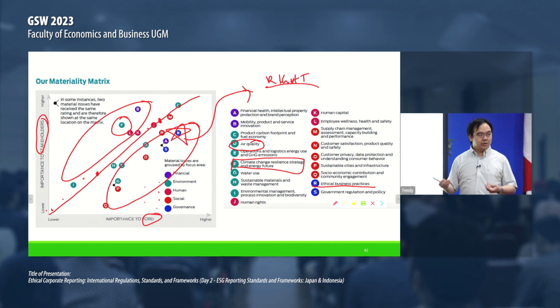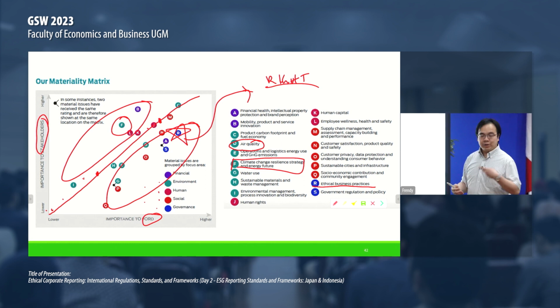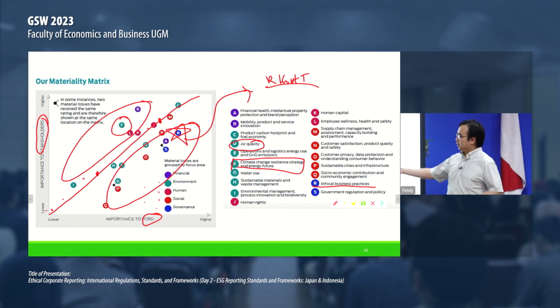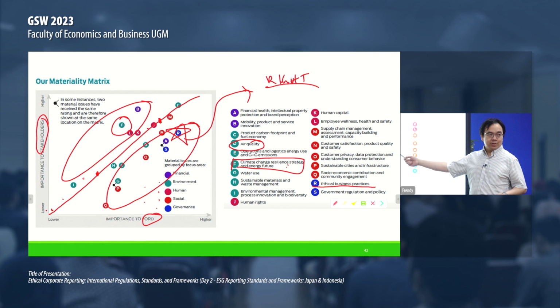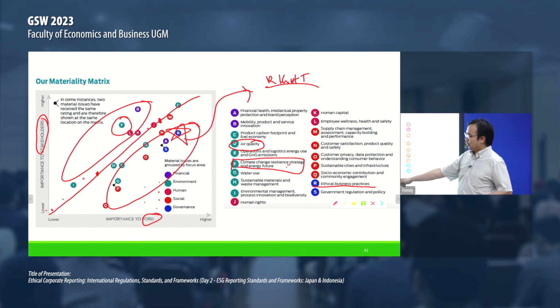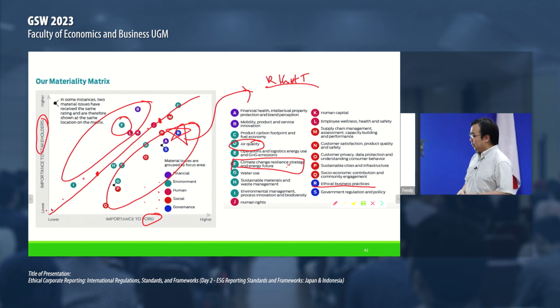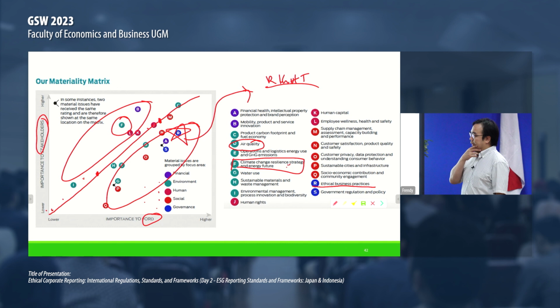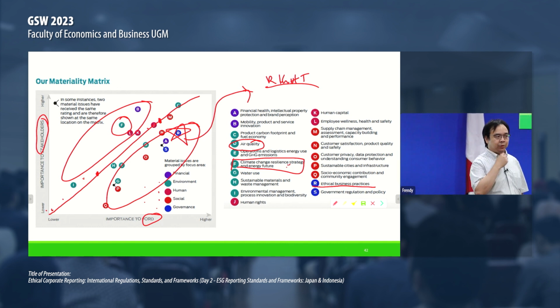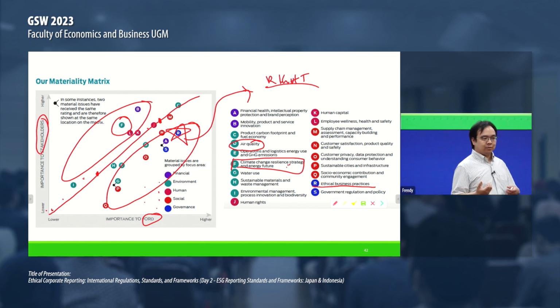So between Ford and the stakeholders, which party considers this issue, climate change, more important? It is the stakeholders, compared to Ford. So here we can see there is a gap between the perception of Ford and stakeholders, and what Ford will do in the future to reduce this gap. Okay, so that's the goal.